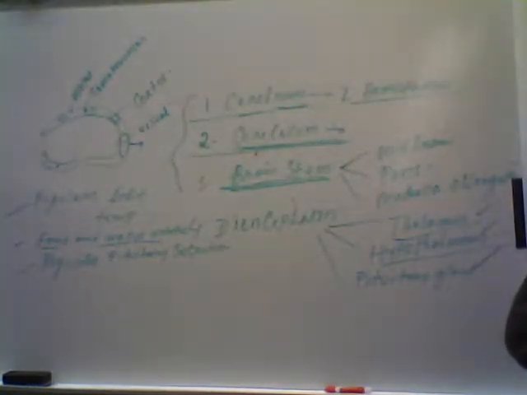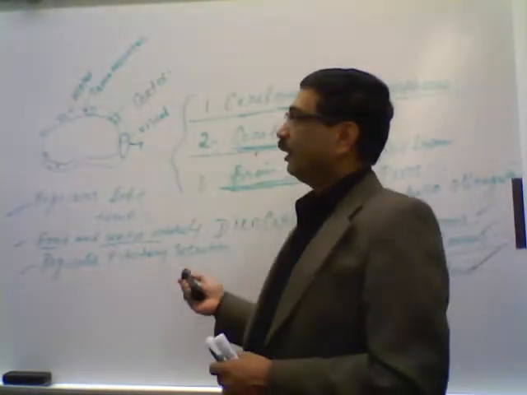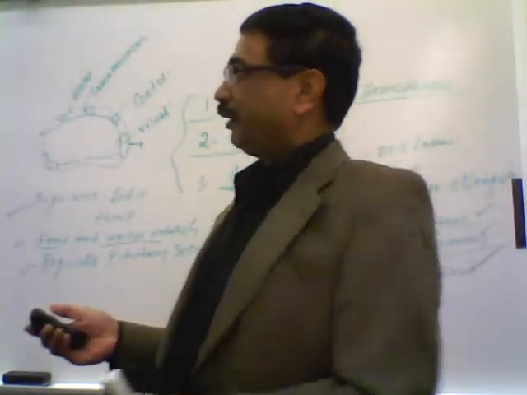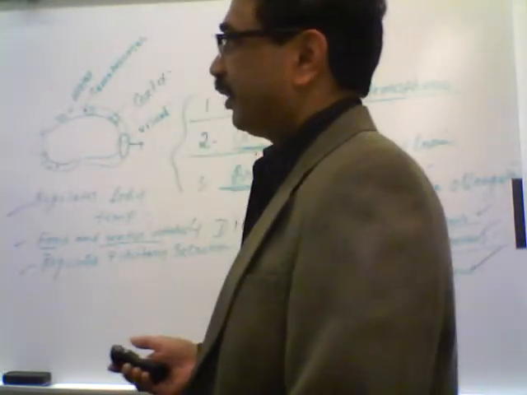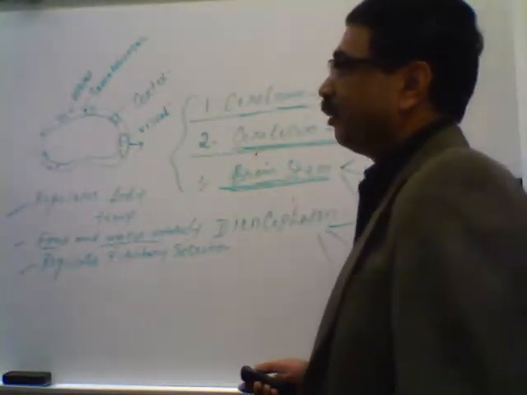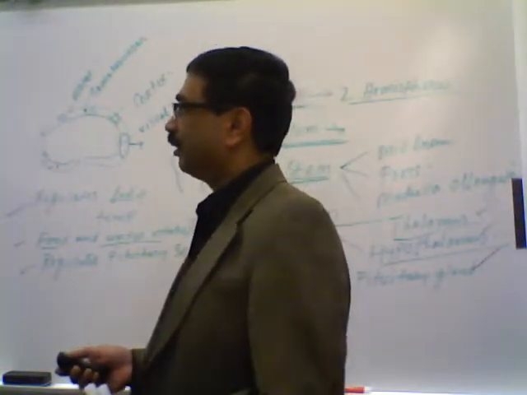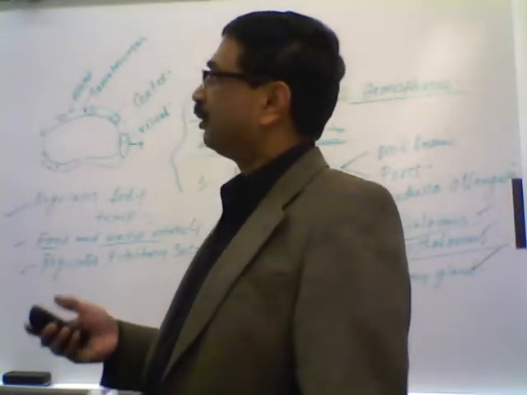This is the thalamus. I did show you to draw an egg. Thalamus. This area is hypothalamus, and this is the pituitary gland. Then the green part is the brainstem: midbrain, pons, medulla oblongata. Okay, so those are the parts.